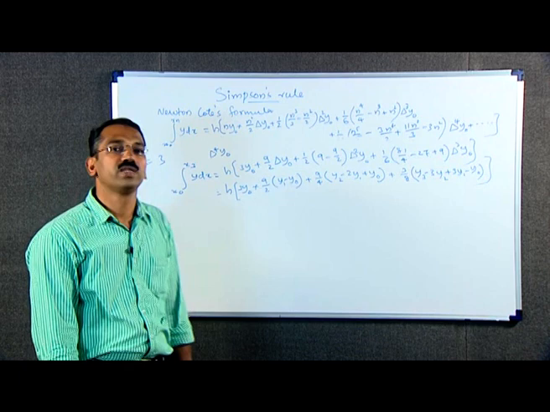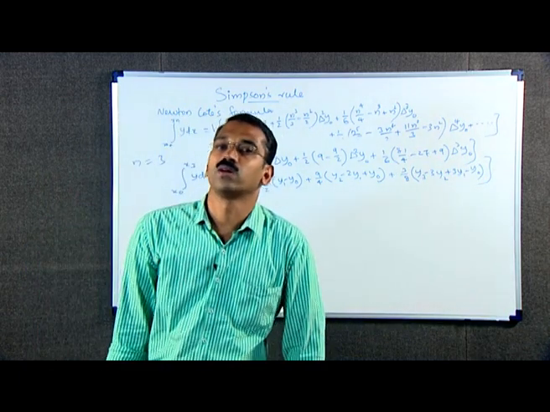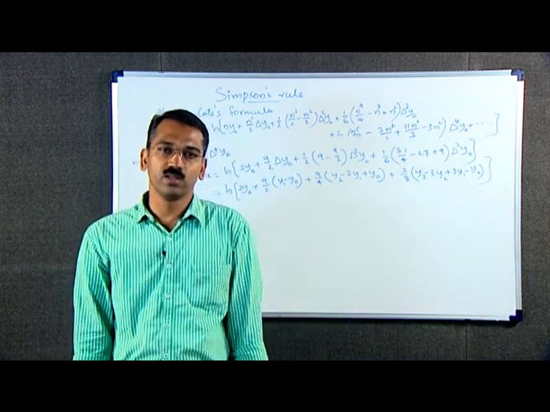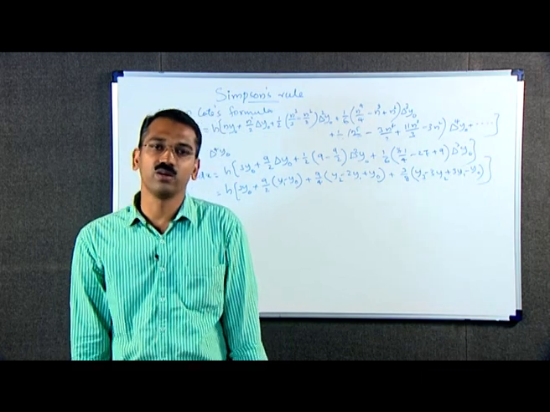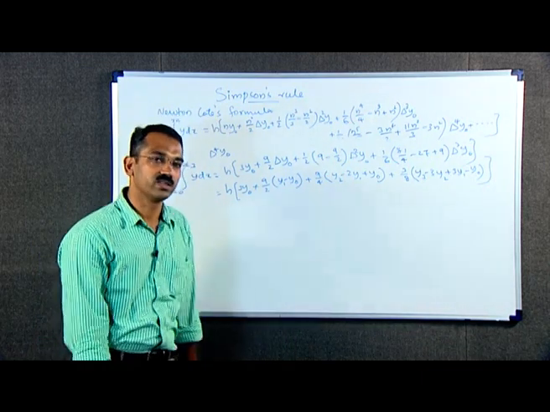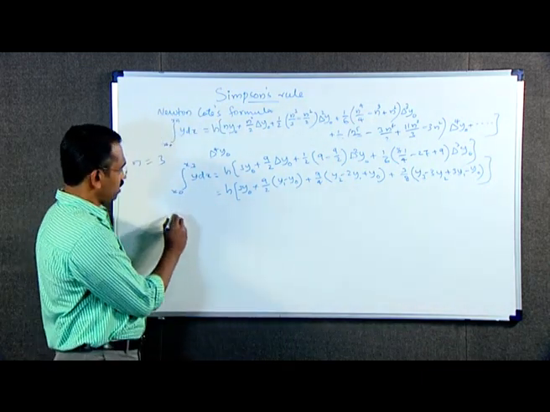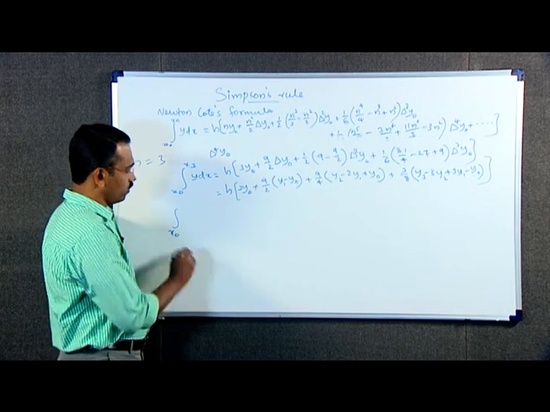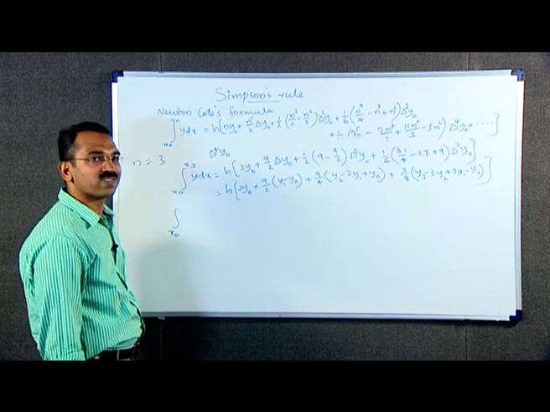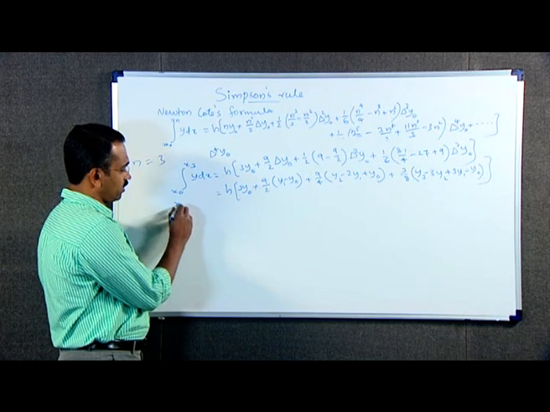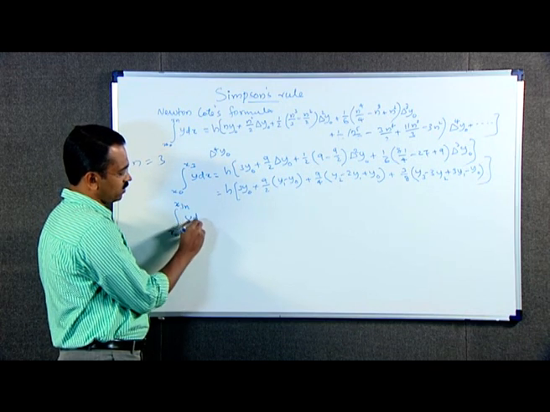Now, let us see the composite Simpson's 3/8 rule. That is, we divide the total interval into 3n equal subintervals. We get the integral from x naught to x3n of y dx.